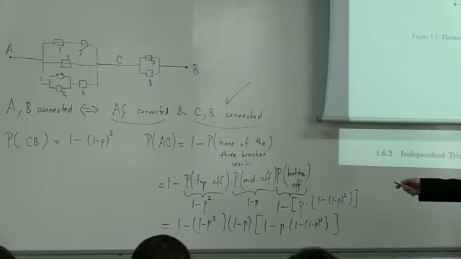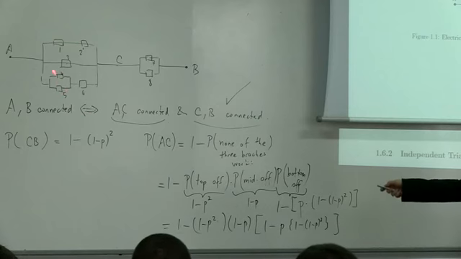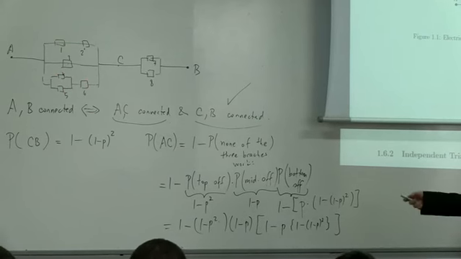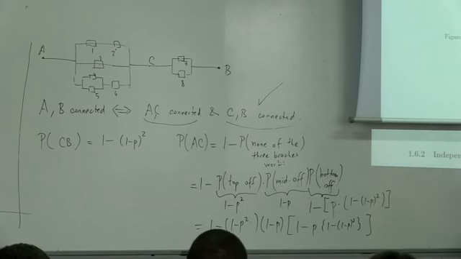Furthermore, any combination of, for example, 1 and 2, here they are series connected, and 4 and 5 are in parallel in series with 6. No matter what you do with 4, 5, and 6, you cannot create independence with 3, for example. Okay? So this makes life very easy. We can compute the probability that this branch works.